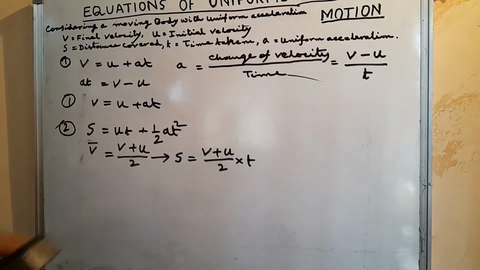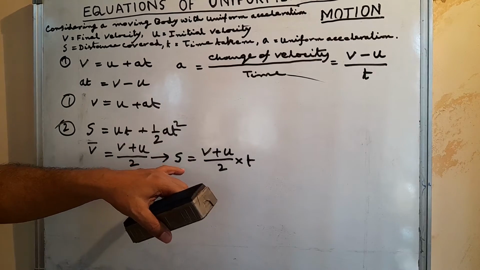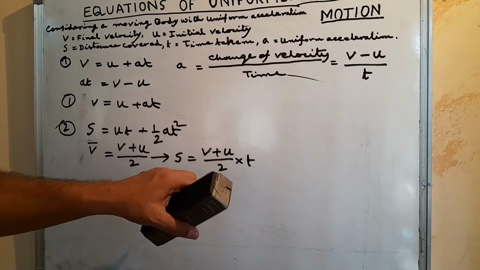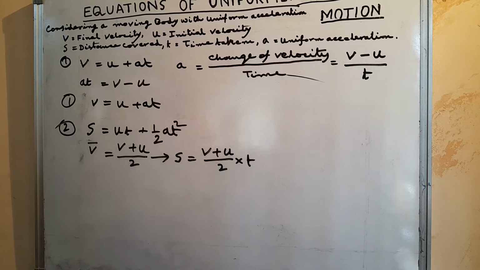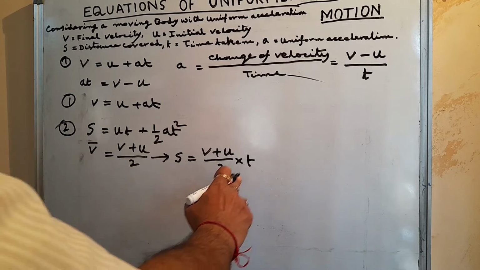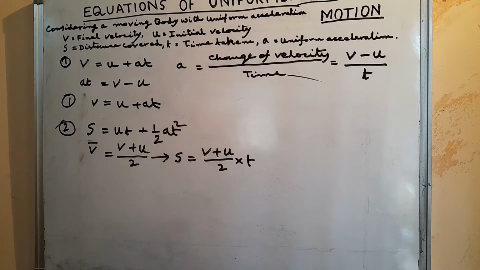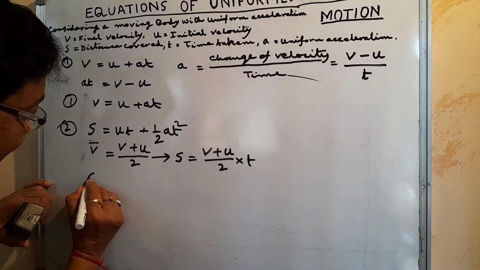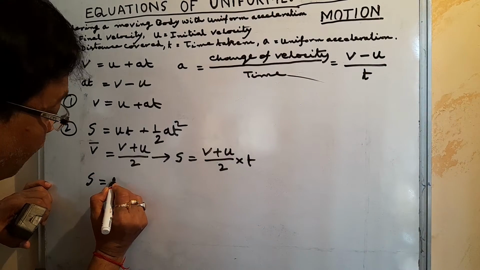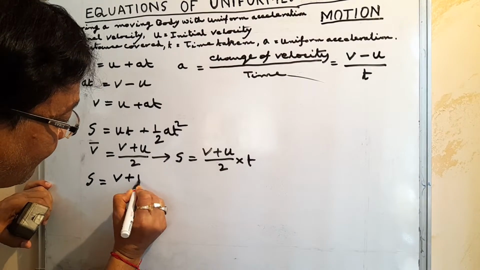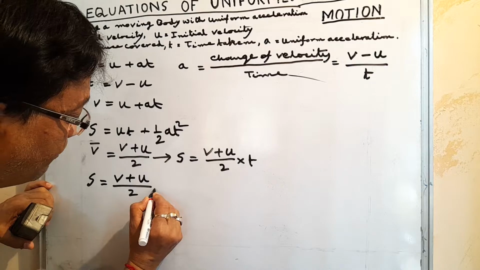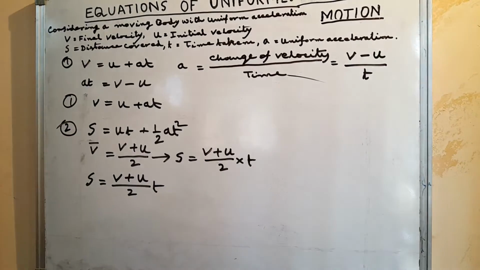In time t, the body covers the distance s, so s is equal to v plus u by 2 into t: v bar multiplied by t.